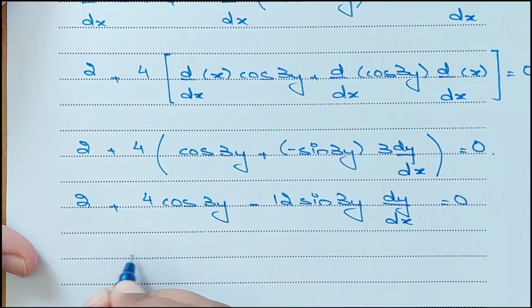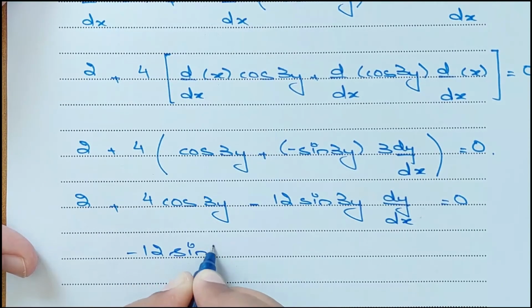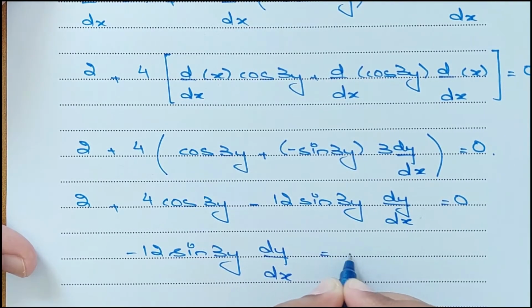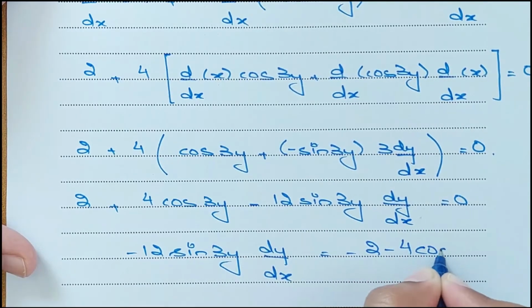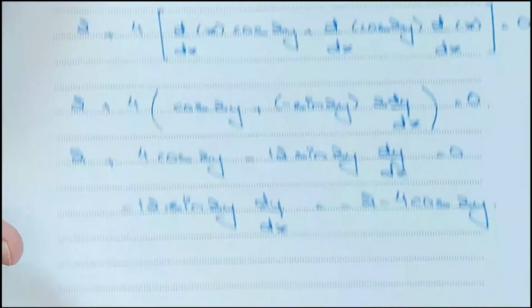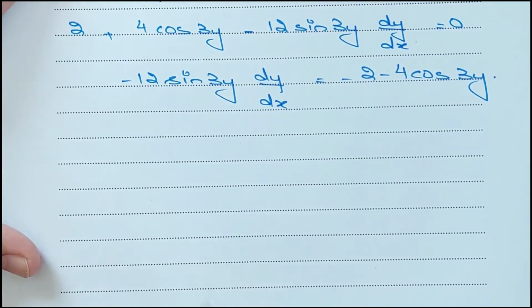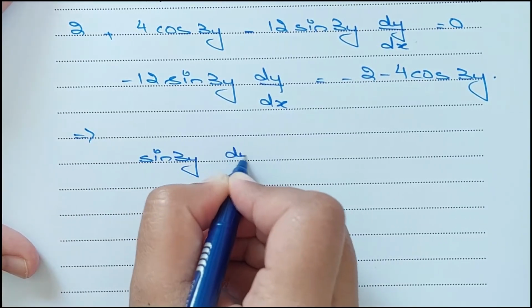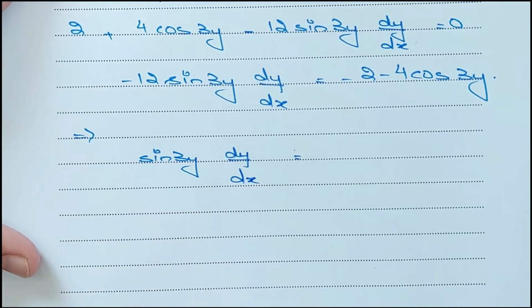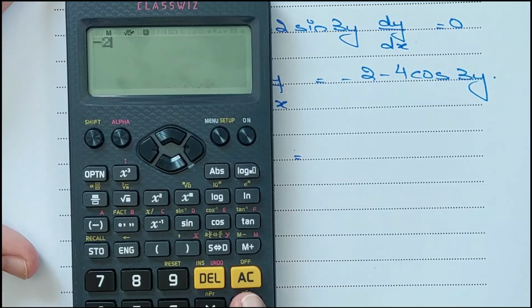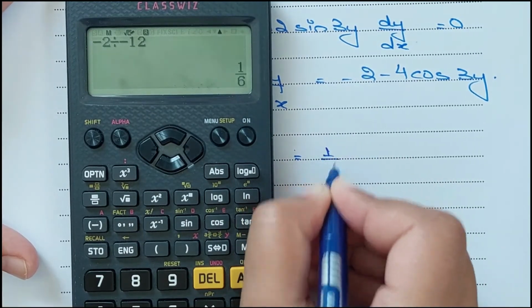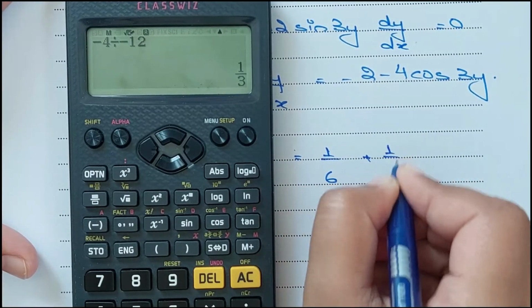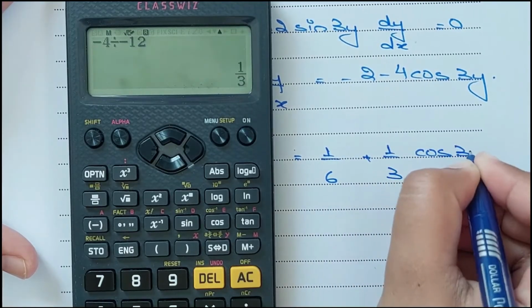So we can say minus 12 sine 3y dy over dx should equal minus 2 minus 4 cos 3y. Dividing by minus 12, we have sine 3y dy over dx equals negative 2 over negative 12, which is 1 over 6, negative 6 over negative 12 is 1 over 3, plus 1 over 3 cos 3y.